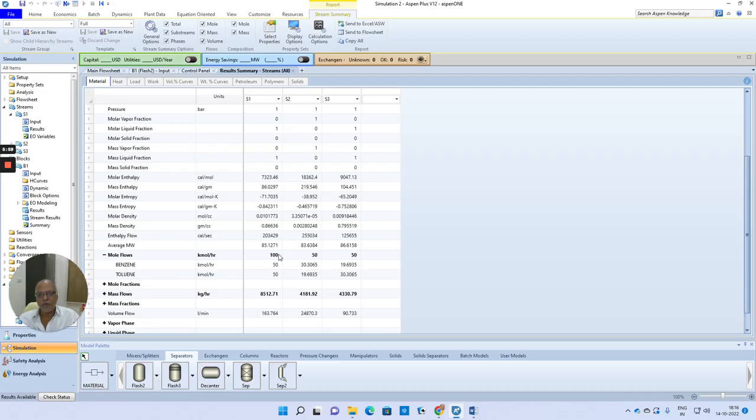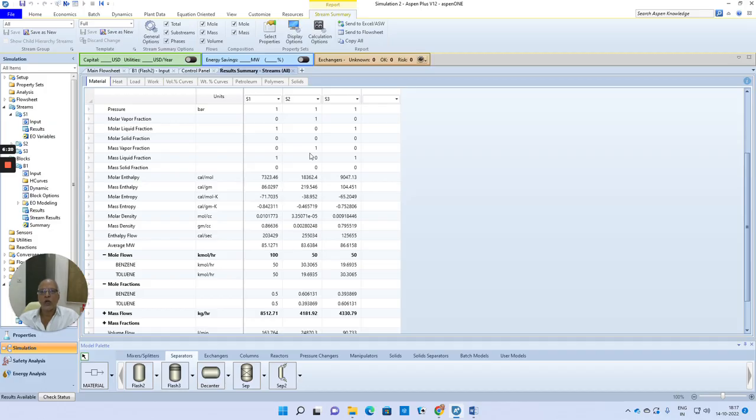When you want to vaporize 50%, 50 moles per hour of vapor product is obtained and 50 moles per hour of liquid product is obtained. And what about the compositions? This was the inlet composition, but the compositions of the outlets are something like this: about 40% toluene and 60% benzene in the vapor, right?